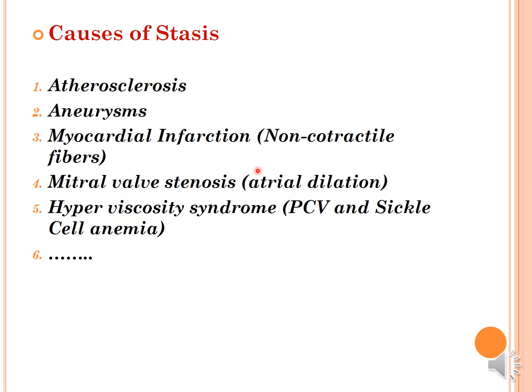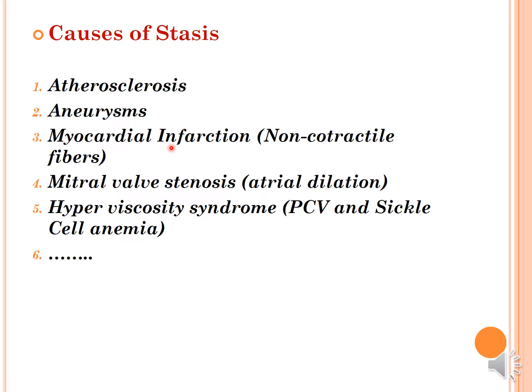What are the factors that might lead to stasis? Again, there are numerous things that might lead to abnormal blood flow inside the blood vessel, starting from atherosclerosis, which will cause narrowing of the artery, and aneurysms, quite the opposite, which will lead to abnormal dilation in the affected blood vessel.